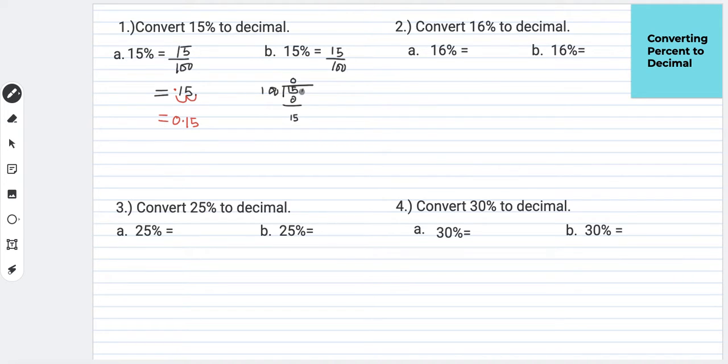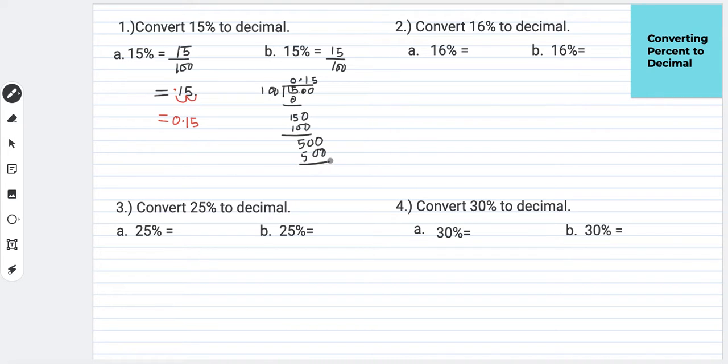Add another 0, we bring down 0, 150 divided by 100, we have 1, 1 times 100, we have 100, and 150 minus 100, we have 50, add another 0, bring down 0, 500 divided by 100 is 5, and multiply 5 times 100 is 500.